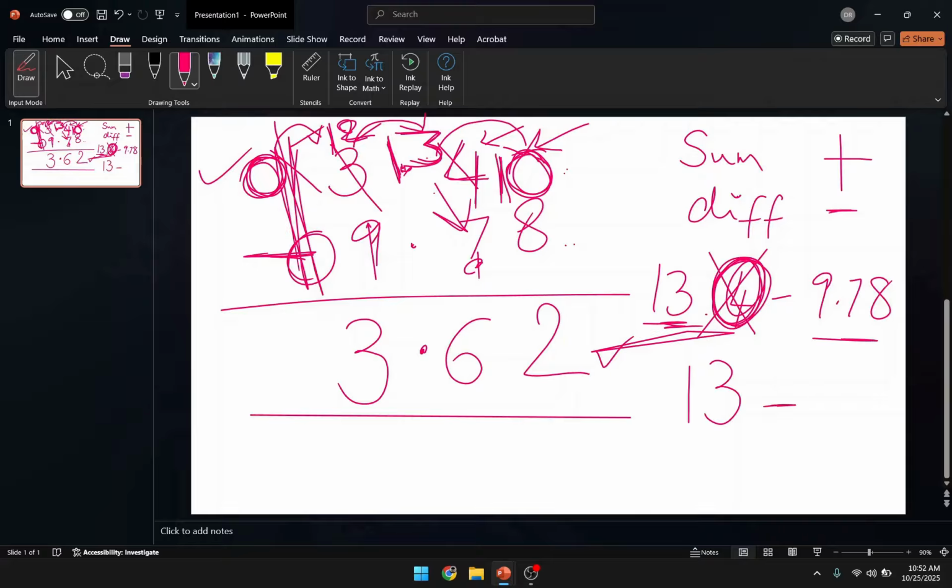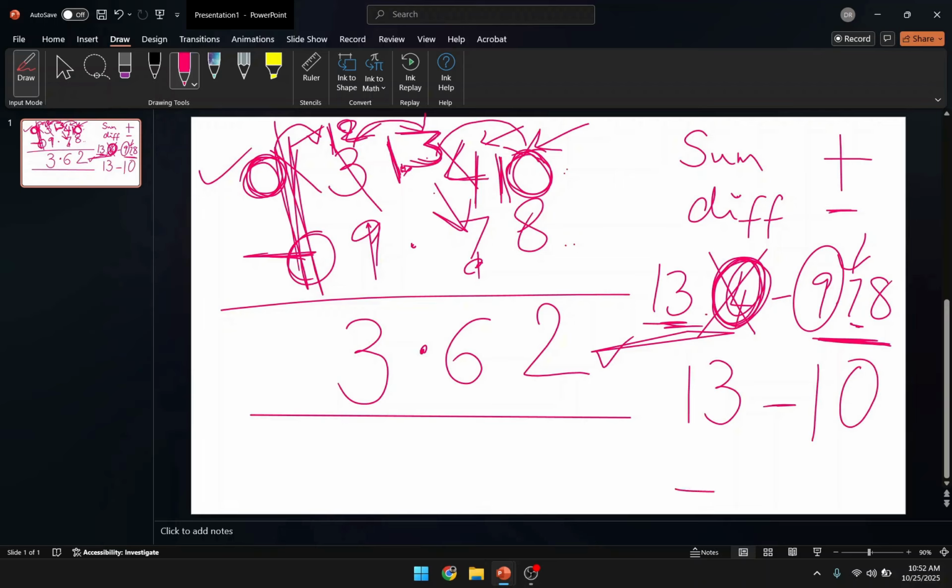Minus, now let's round this decimal to its nearest whole number, nearest integer. So 9.78, look at the digit in the tenths place. You have 7. I know 7 is greater than or equal to 5. So I'm taking this number to its next whole number. What comes after 9? 10.